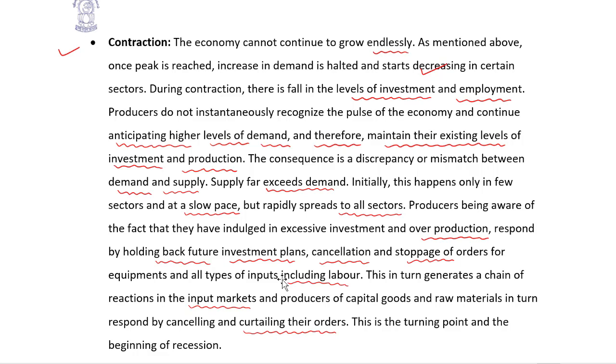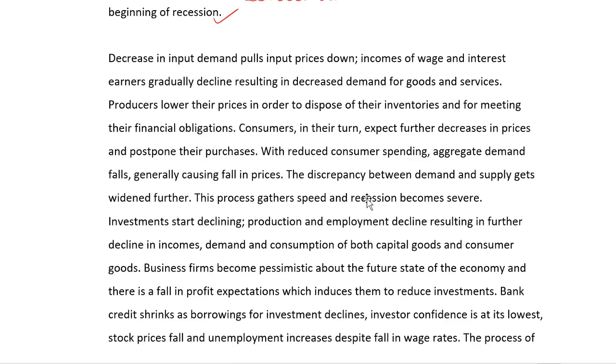So this is the effect that leads to contraction. This is the turning point and the beginning of recession. The contraction or the recession starts over here. I believe you understood till here. Let us continue.